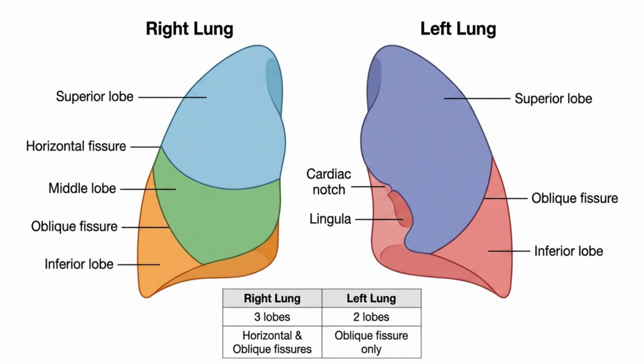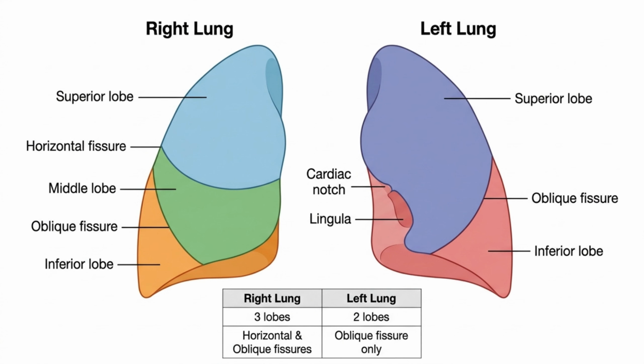These are separated by the horizontal and oblique fissures. Then the left lung has 2 lobes, the superior and inferior lobes, separated by a single oblique fissure. The left lung has a cardiac notch, which provides space for the heart, making it smaller than the right lung.